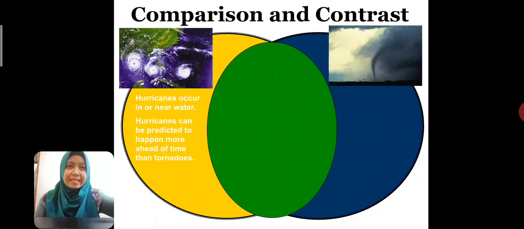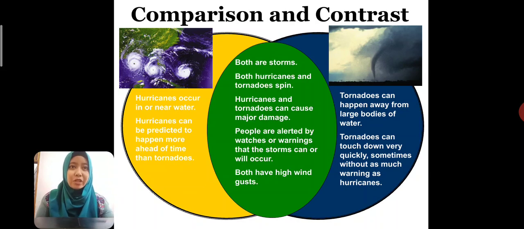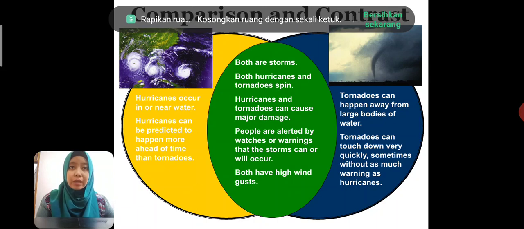What about this? Wow! You can see these pictures, hurricanes and tornadoes. So, what are the differences and what are the similarities between these things? Let's see. From the yellow one, hurricanes occur in or near water.